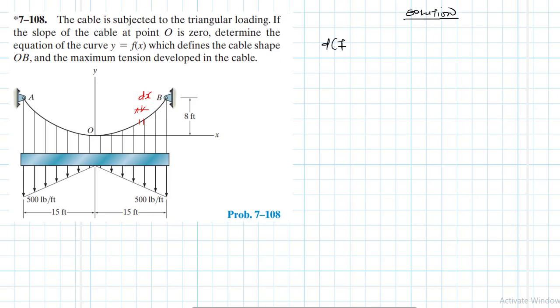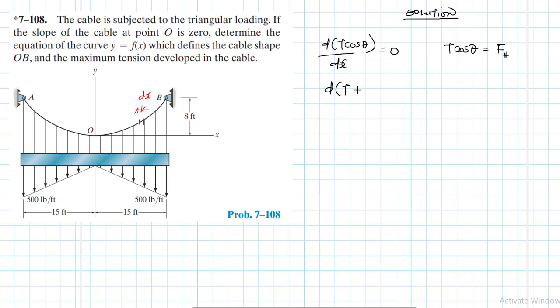So we have d(T cos theta)/dx equal to 0, which finally gives us, if we do the integration, T cos theta is equal to a constant FH, which is the horizontal component of the tension in the cable, which is constant throughout the whole length of the cable.